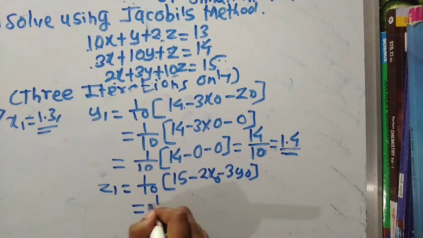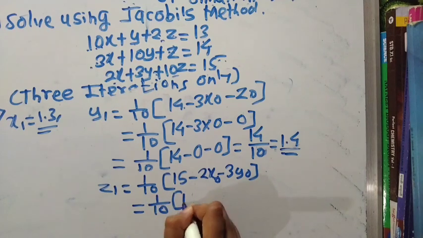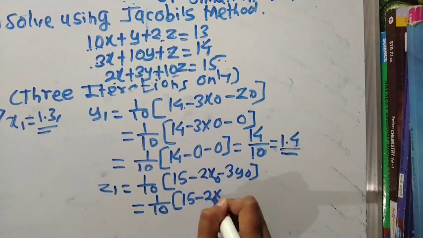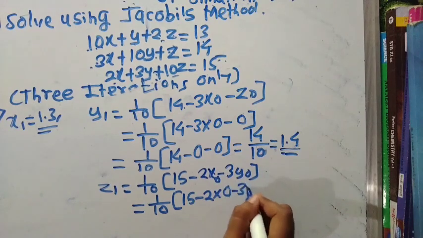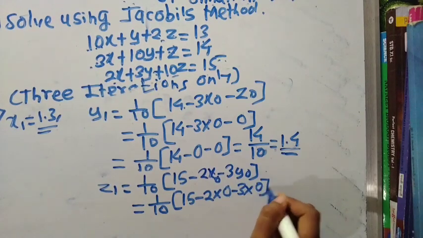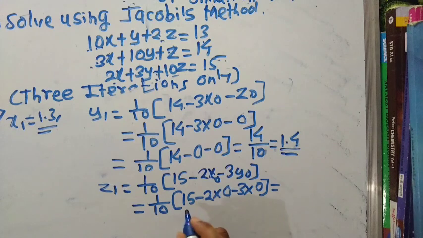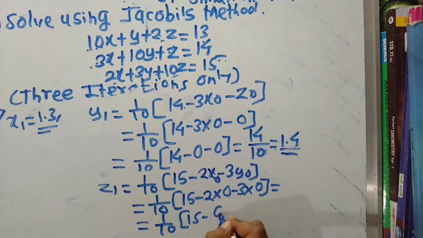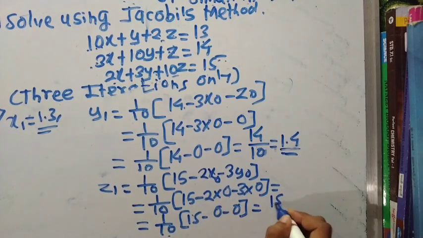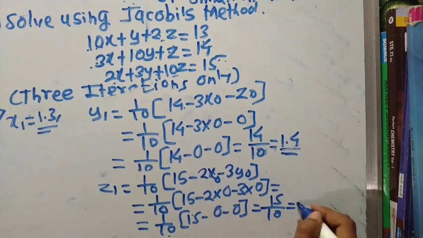So here 1 divided by 10 (15 minus 2 into 0 minus 3 into 0) is equal to 15 divided by 10, which is equal to 1.5.